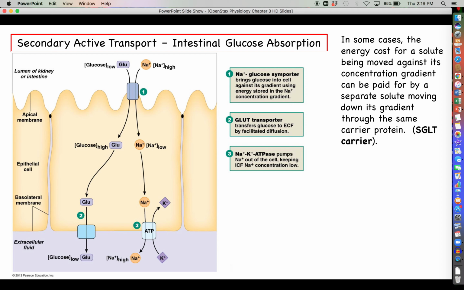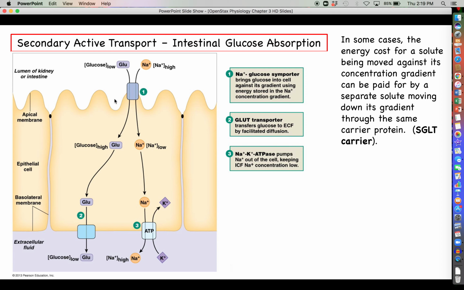What we're specifically looking at is that one of those molecules, glucose in this case, is going against its concentration gradient. It's going uphill. The other molecule or ion that is going through the channel at the same time actually has a favorable concentration gradient. It's going downhill.